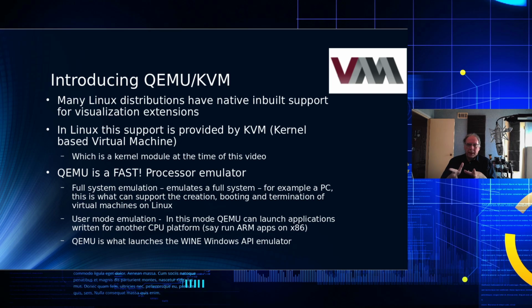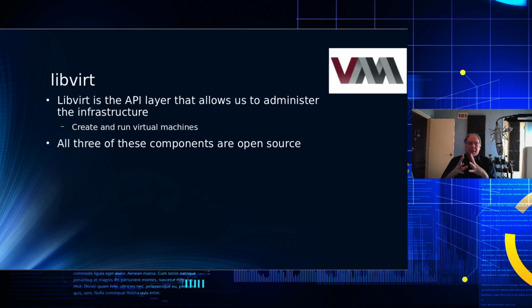By the way, QEMU is what drives Wine. If you're familiar with Wine, Wine is not an emulator. No, it isn't, but QEMU is, and that's what allows it to run the Windows API. So, QEMU, Wine. The third thing we have is libvirt, and that is the API layer that allows us to administer our virtual machines.